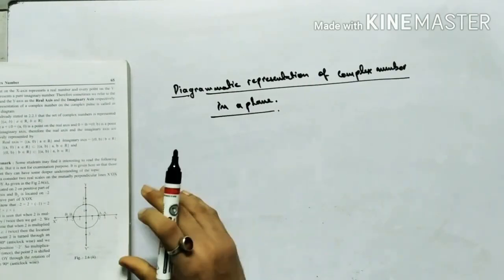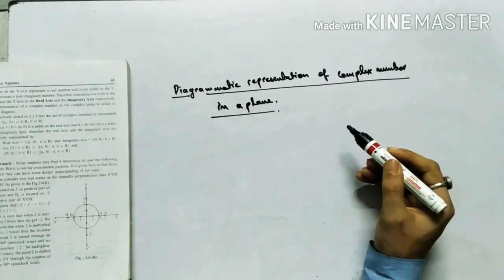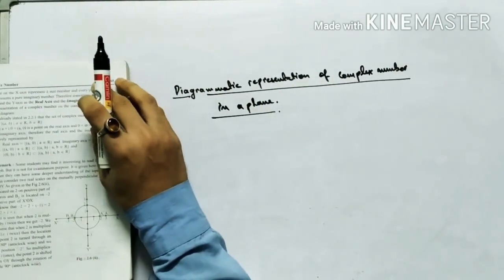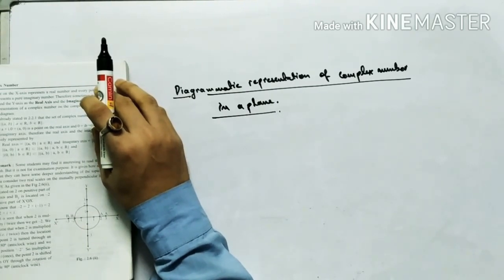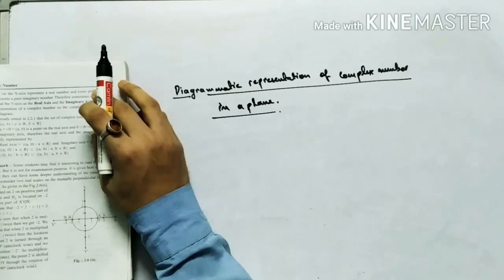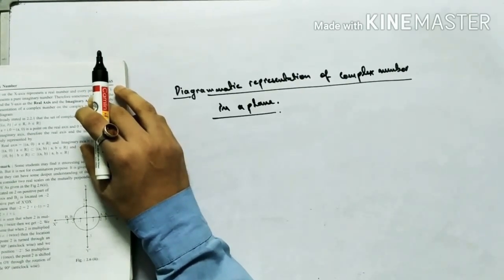So now we have already learned that a complex number can be represented on a plane.